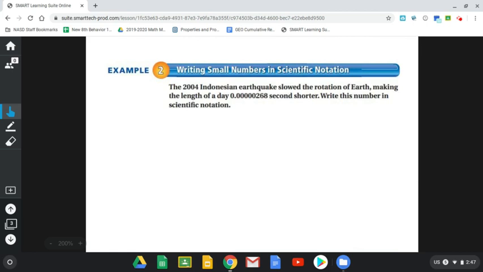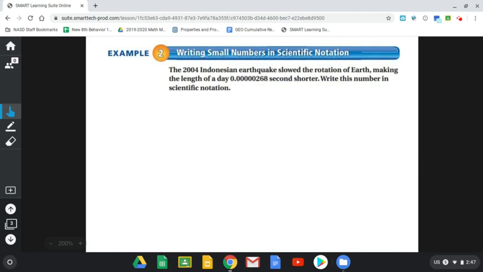All right. And now we're going to write numbers that are really small in scientific notation. So let's take a look at example 2. The 2004 Indonesian earthquake slowed the rotation of the Earth, making the length of a day 0.0000268 seconds shorter.